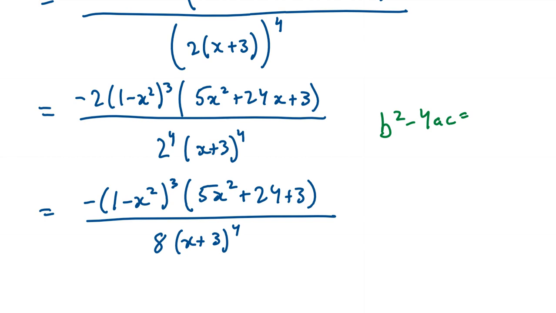B squared minus 4 times A times C. 516. Got solutions not factorable. I'm done. Is that okay? Yep. Oh, question? No? Just wait a second.